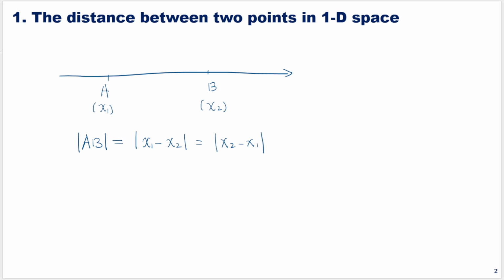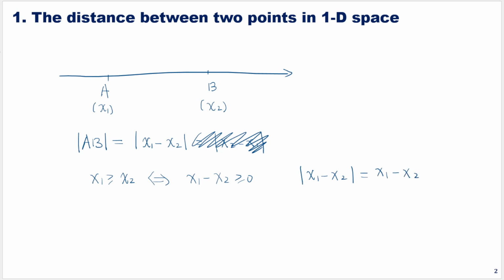Did you get it? So we'll just use the absolute value of x1 minus x2 here. And also note that if x1 is greater than or equal to x2, which means x1 minus x2 is greater than or equal to 0, then we have the absolute value of x1 minus x2 equals x1 minus x2 itself, right?